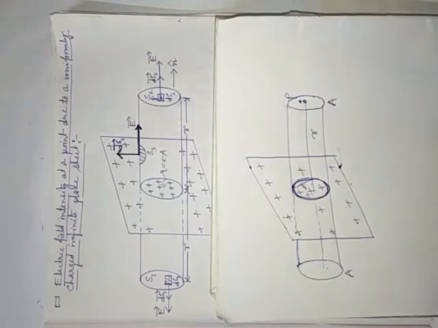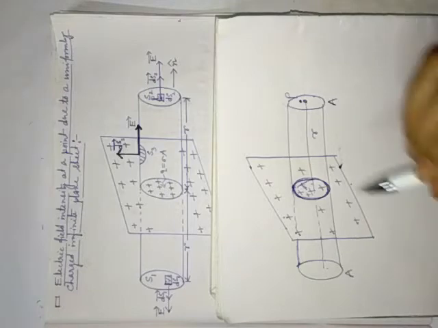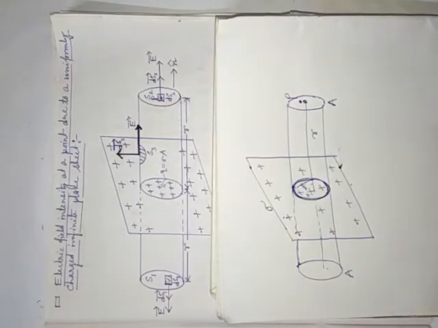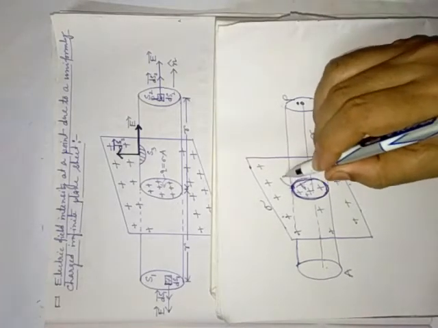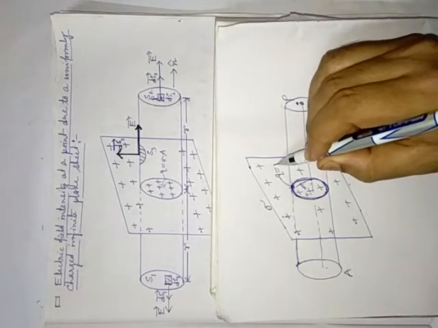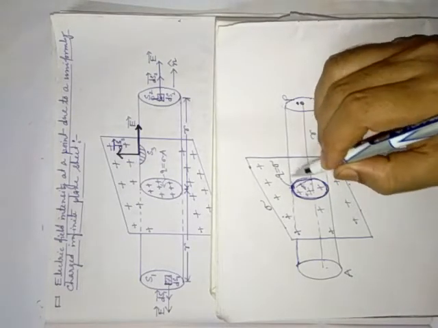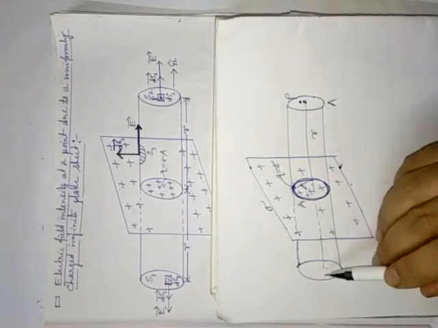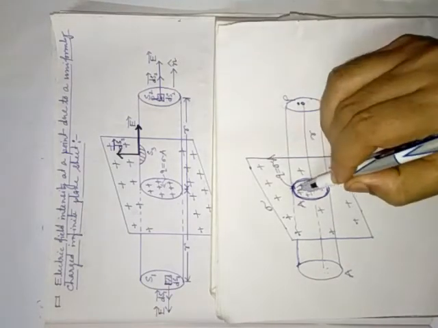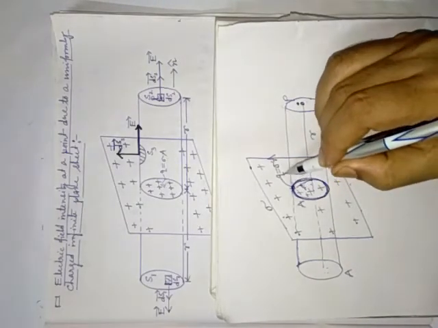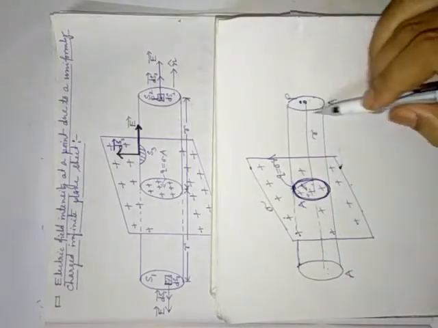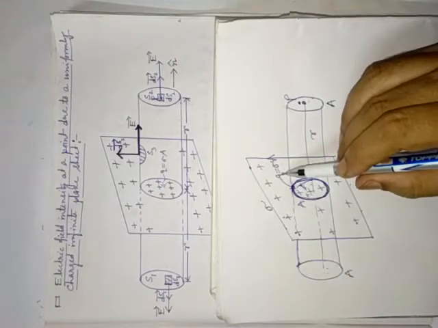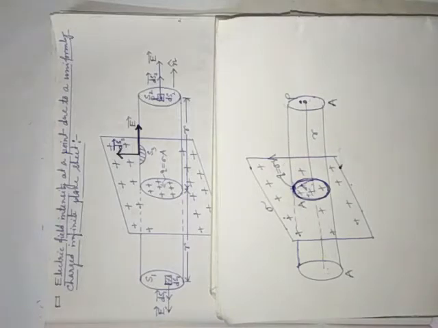Suppose sigma is the surface charge density of this plate. Then what is the net charge present here? Since sigma is the charge per unit area, and the cross-sectional area is A, this portion's area is also A. That is why the net charge inside the whole Gaussian cylindrical surface is Q equal to sigma times A.